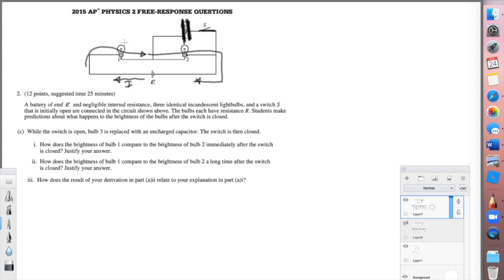So we're comparing the brightness of bulb 1 and bulb 2. They're going to have equal currents and therefore equal voltage because the resistances are equal. But, you know, I would just go P equals I squared R. The resistances are equal. The current is equal because no current goes to the capacitor. So therefore, both bulbs have equal brightness.